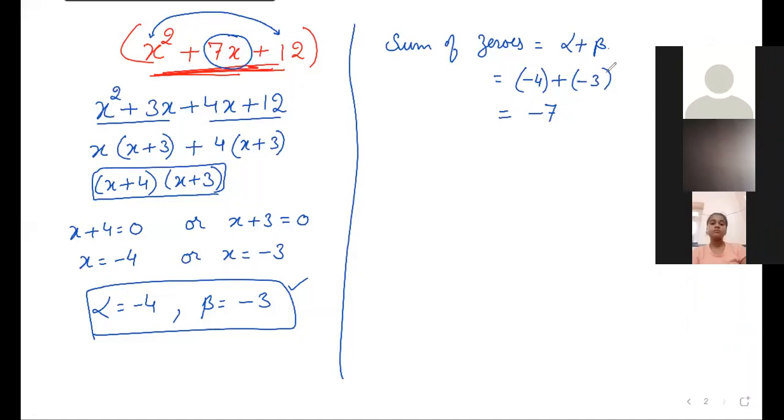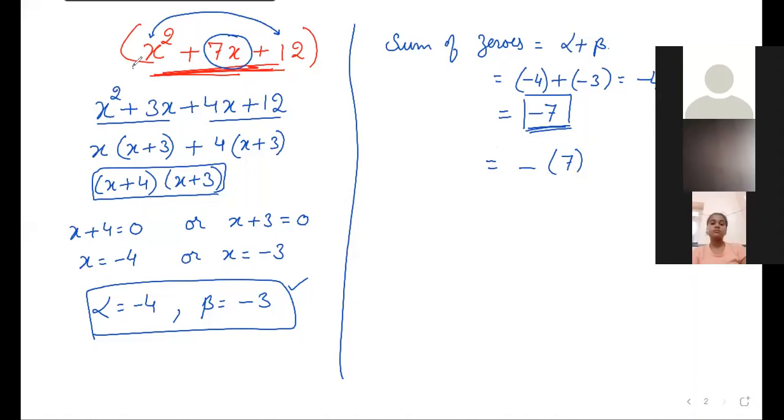It means it is like this: minus 4 minus 3, which is equal to minus 7. Now this minus 7, can we write it like this? Yes, sir.